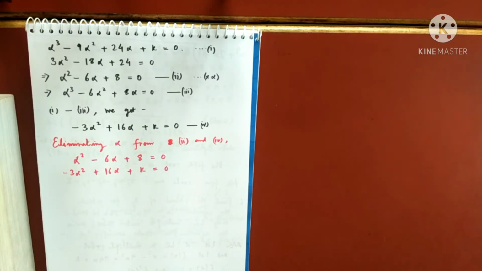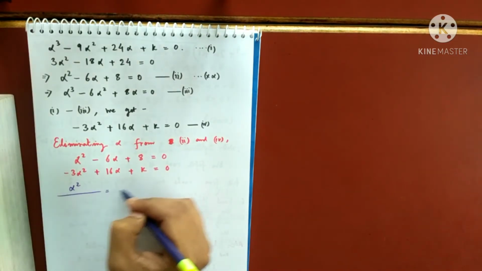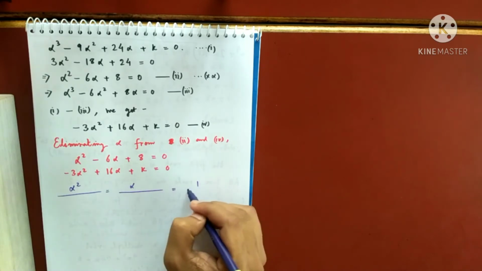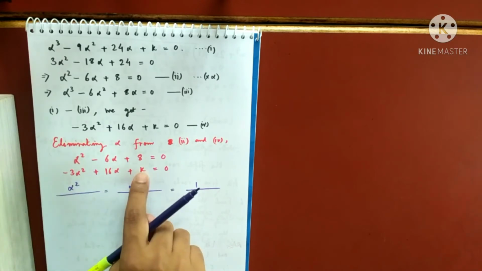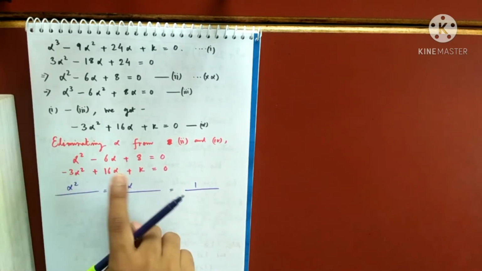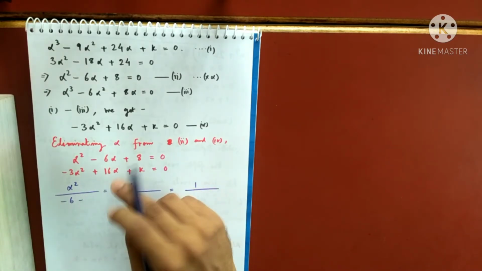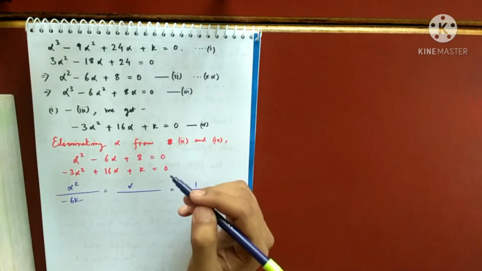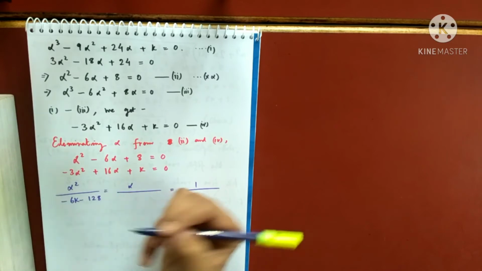Which method will we use? We'll use the cross multiplication method, right? So alpha square by something, alpha by something, and 1 by something. If I am taking alpha square, I'll remove this column and then take the determinant of these four numbers. So minus 6 into 1 is minus 6k, and minus 6 into 16 is minus 128.